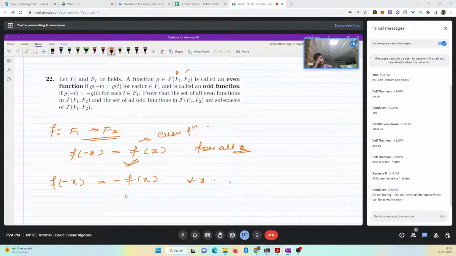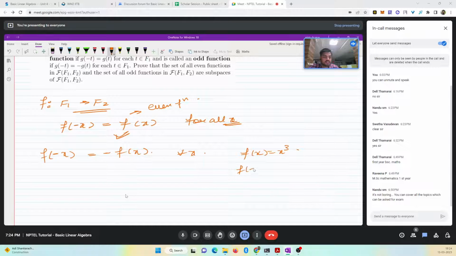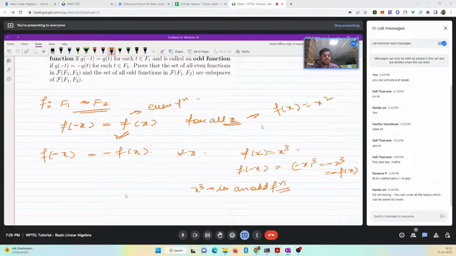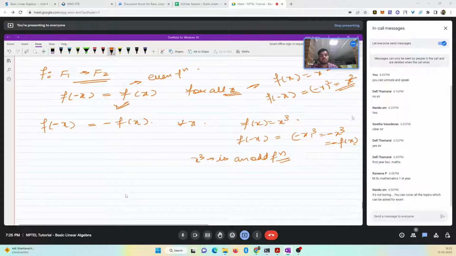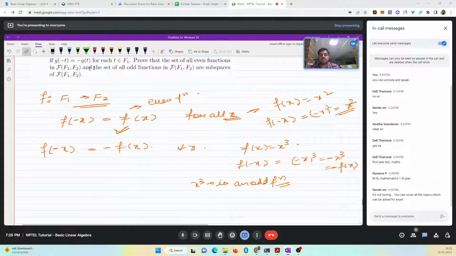For example, if you take f of x equal to x cube, then f of minus x gives you minus x cube, which is equal to minus f of x. So x cube is an odd function. For an even function, you can take the example f of x equal to x square. There f of minus x is equal to minus x square, which is equal to x square. So this is what is defined to be an even function and an odd function.